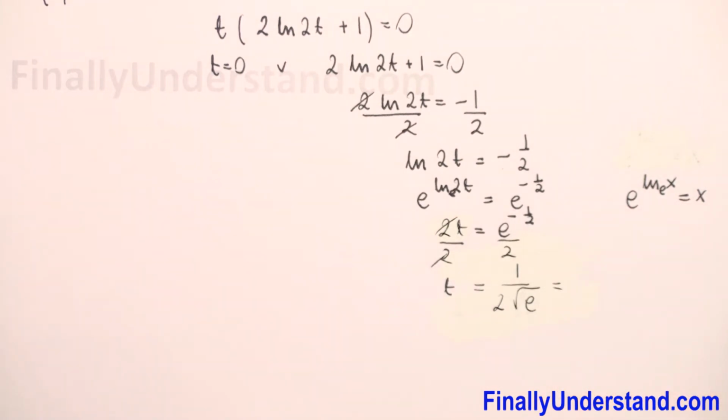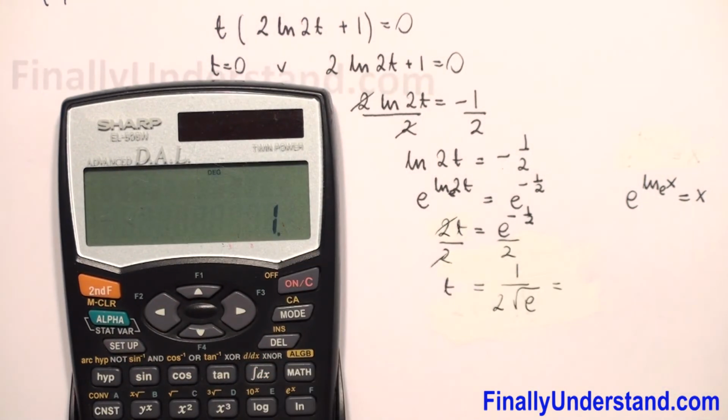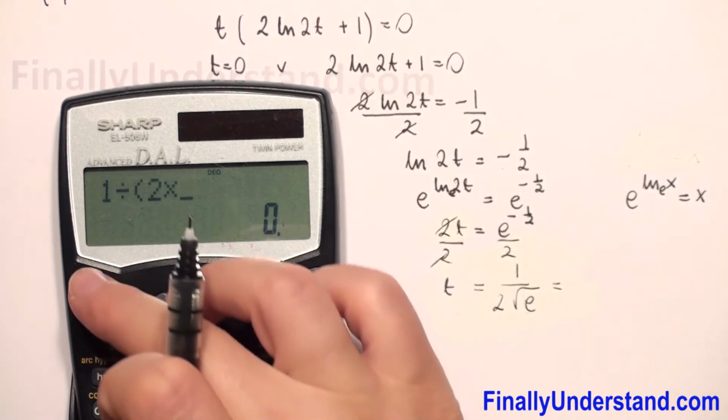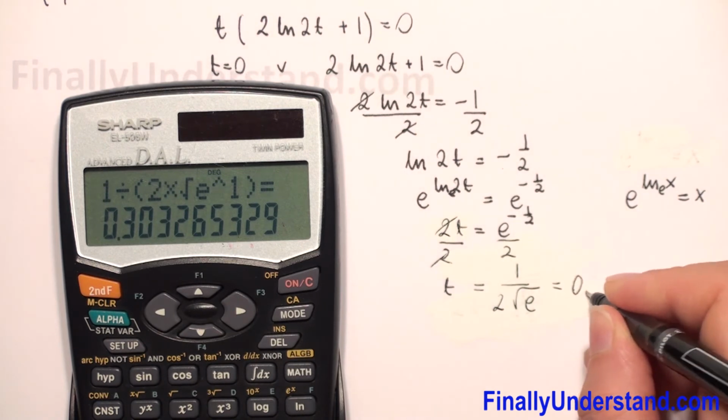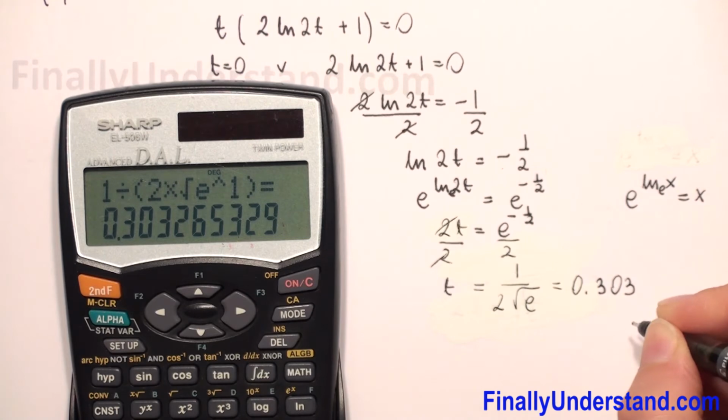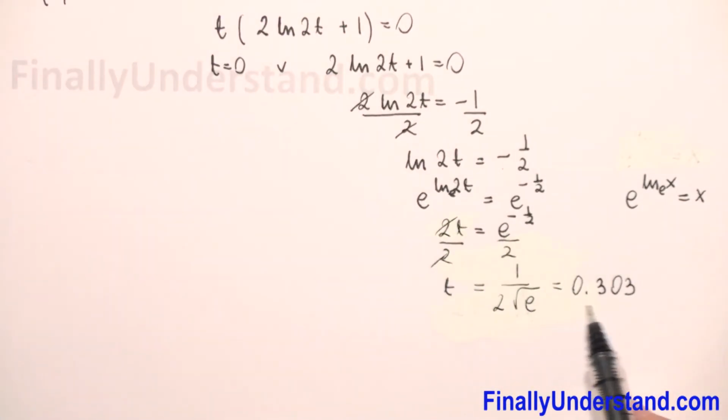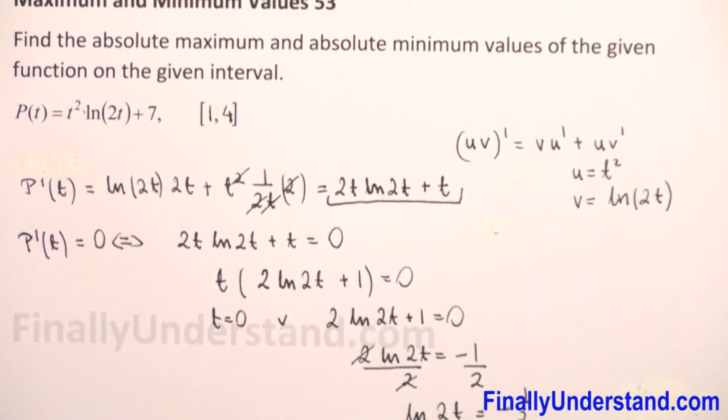We can use a calculator: 1 divided by, open parenthesis, 2 times square root of e, close parenthesis, this is equal to 0.303.